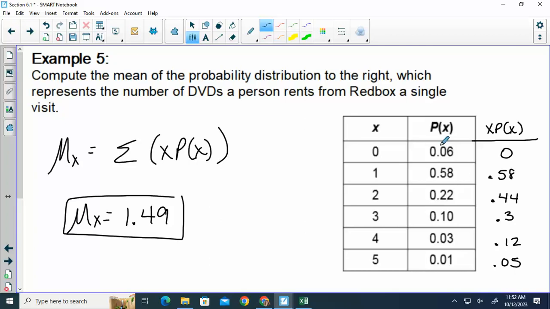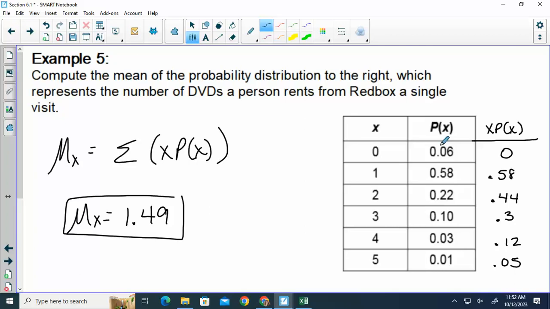So this is like a 6% chance. It would be like out of 100, I would get 0 6 times, and I would get 1 58 times, and I would get 2 22 times. And so it would be like adding up all 100 of those values and dividing by 100.